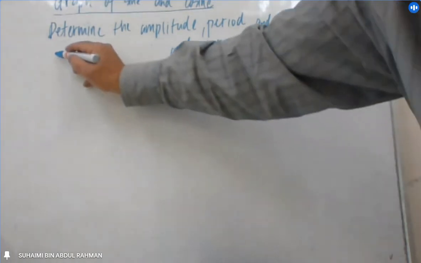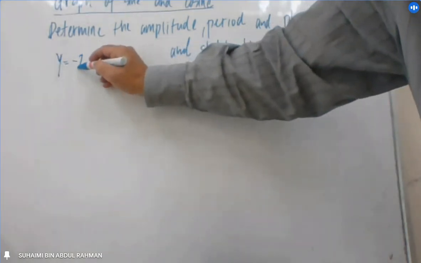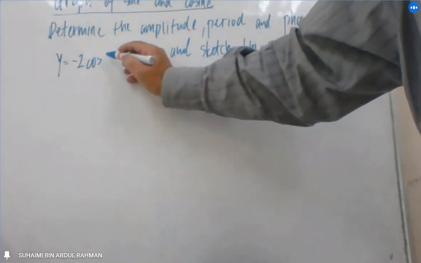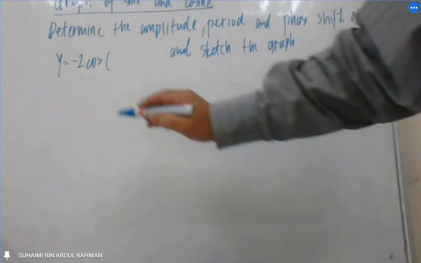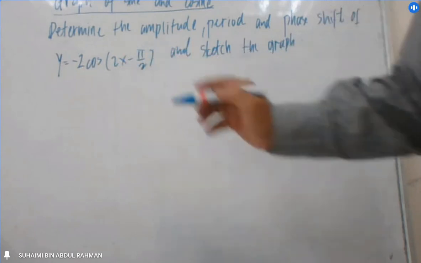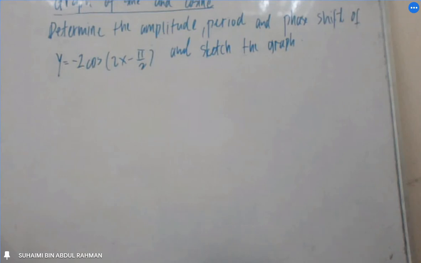Let's say the function is y equal to minus 2 cos of 2x minus pi over 2. Again, a cos function.